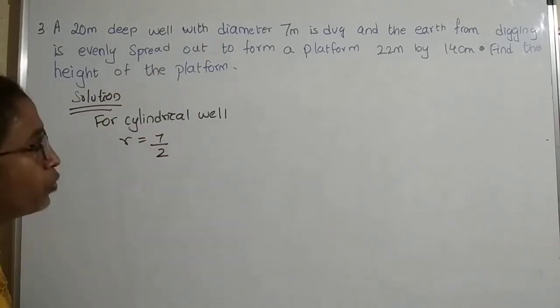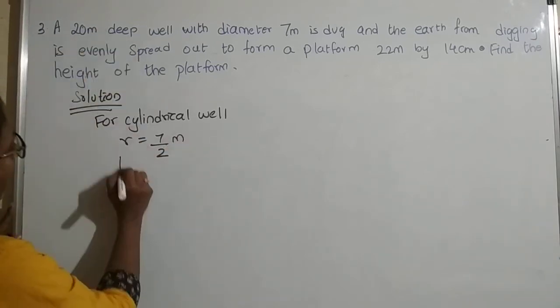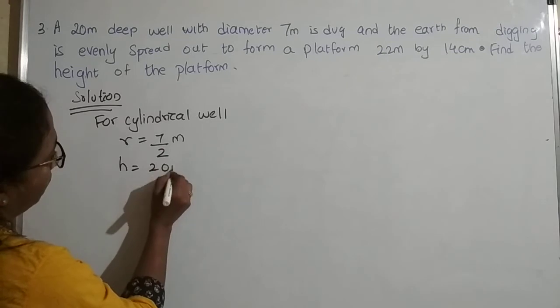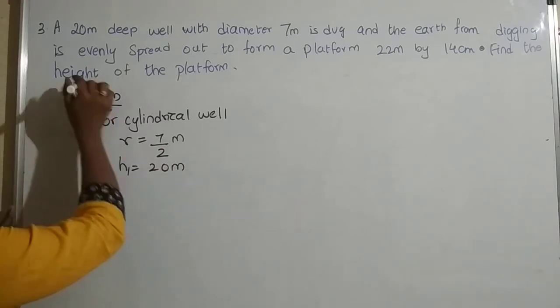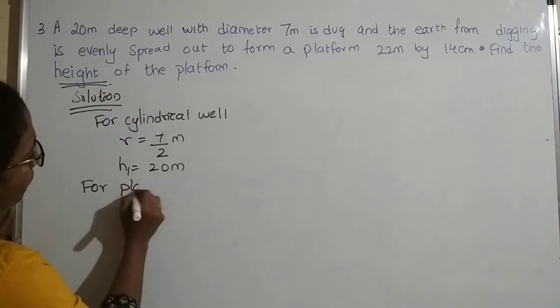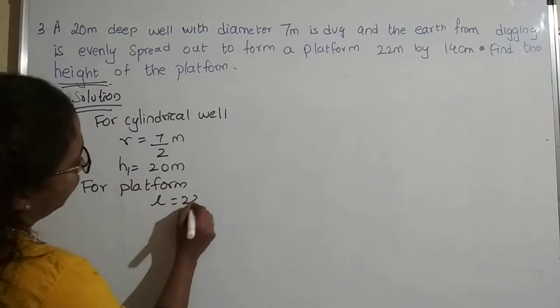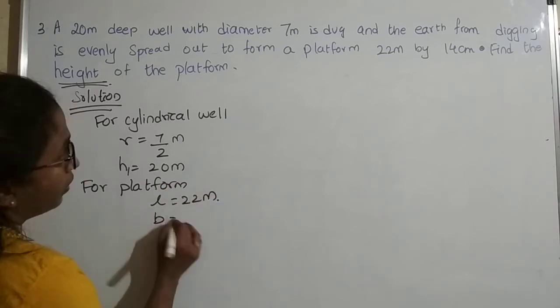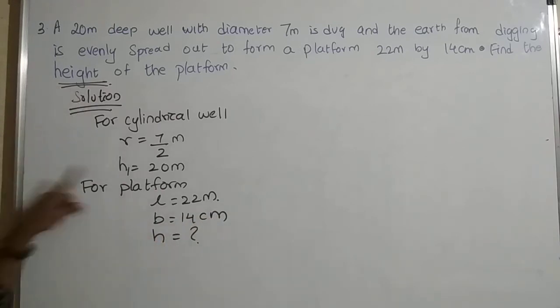You can take 3.5 also, I'll just keep it as it is. The depth H is given as 20 meter. Let's assume this as H1, because here one more height is there, so we don't get confused. Similarly, for the platform we have L that is 22, B as 14. Let's take this as H, so that they are different.